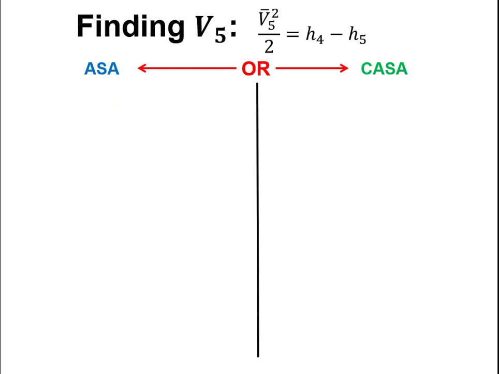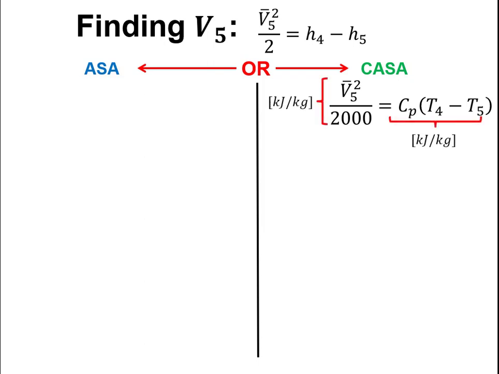So then I get the equation shown at the top of the page here. I have to remember to check my units. Because my velocity is in meters per second, I divide by 1,000 to get to kilojoules per kilogram. Then delta H is Cp times delta T, if I'm assuming that the specific heat is constant.